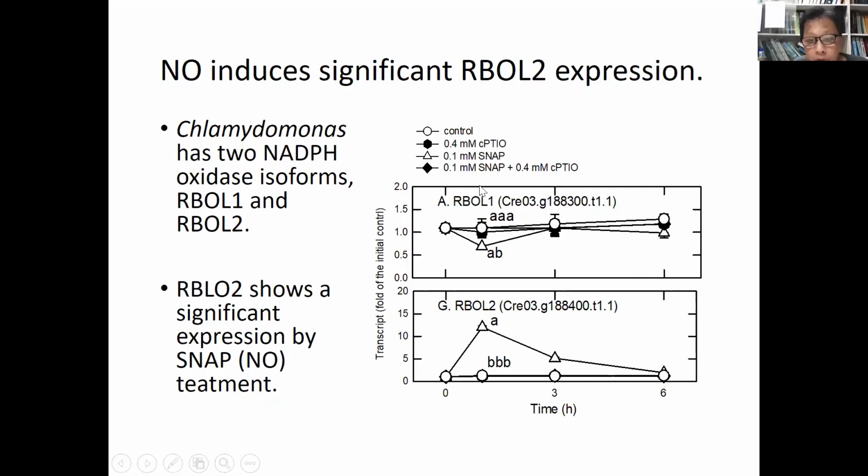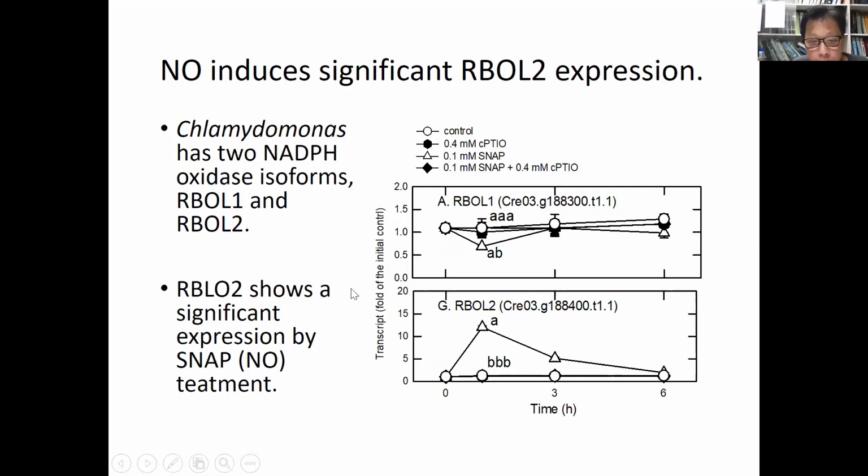And we find that in response to the SNAP NO donor, RBOH1 only shows a slight decrease and follows a recovery after 3 hours. However, RBOH2 gene expression is highly induced after 1 hour of the SNAP treatment and then decreases to the normal level after 6 hours.